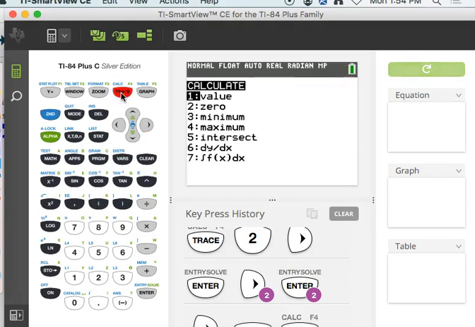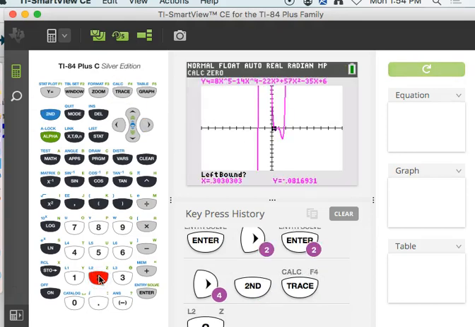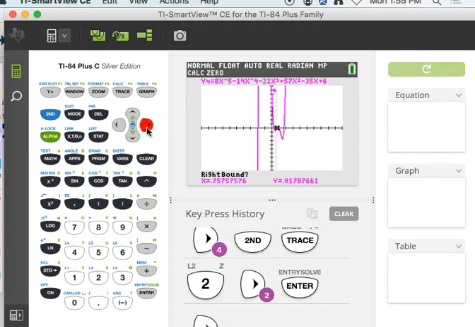Second trace, number 2. And I'm going to move Blinky here, and above. Now I can see I have a positive y. Enter, enter through. Well, that one we know, 75/100 is 3/4. So we have 3 of these.